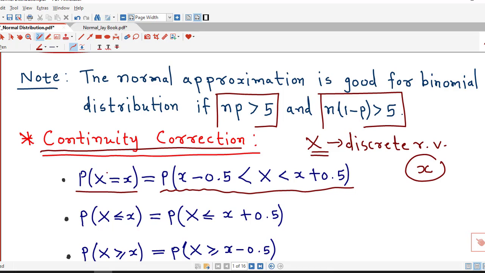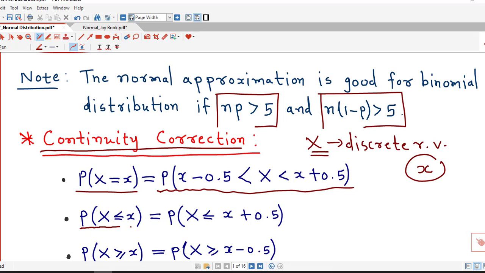The probability that capital X equals small x will be converted into the probability that x minus 0.5 is less than X less than x plus 0.5. We have discussed how we convert this probability of a discrete random variable into the probability of a continuous random variable. For that explanation you can watch lecture number 6 on normal distribution.